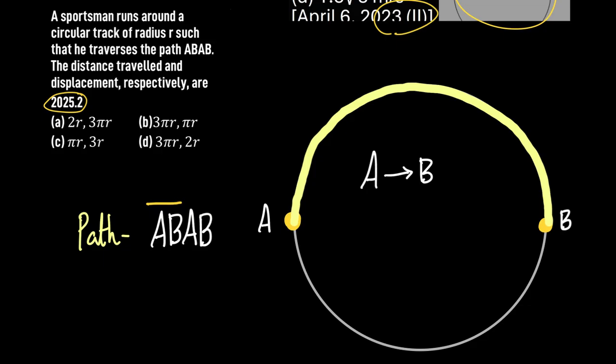Which means this question, if given to you casually in a class, wouldn't be much of a difficulty.